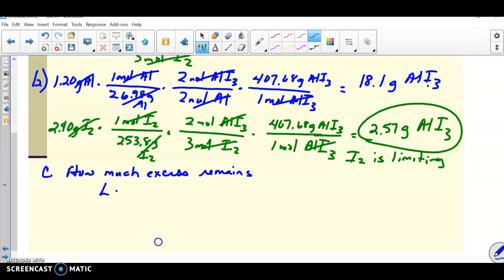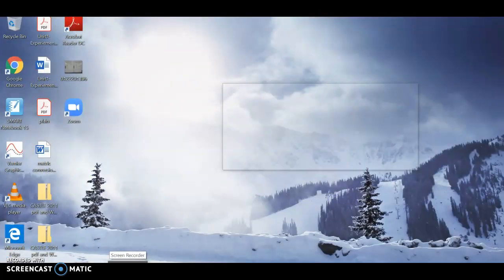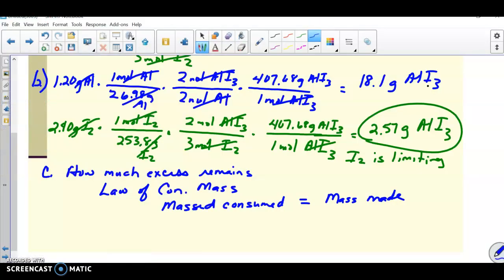So we can use the law of conservation of mass. So in other words, the mass used, consumed, has to equal the mass made. So on this, our mass made, we would have made aluminum iodide.